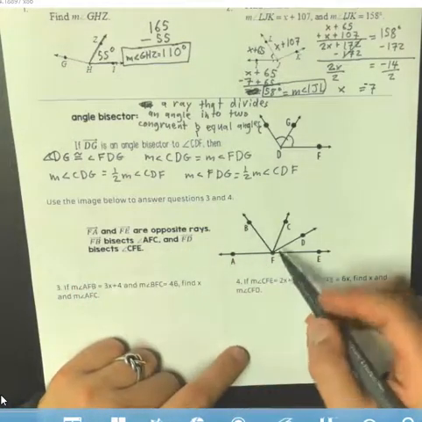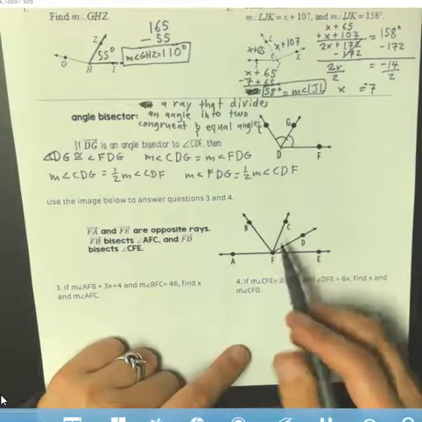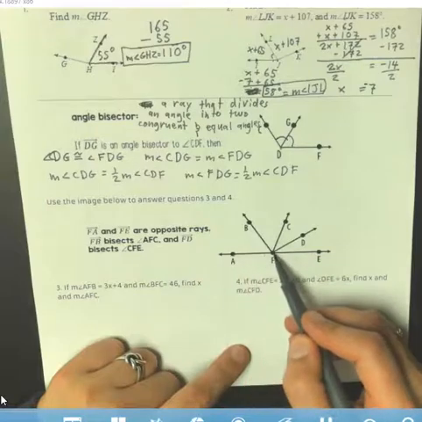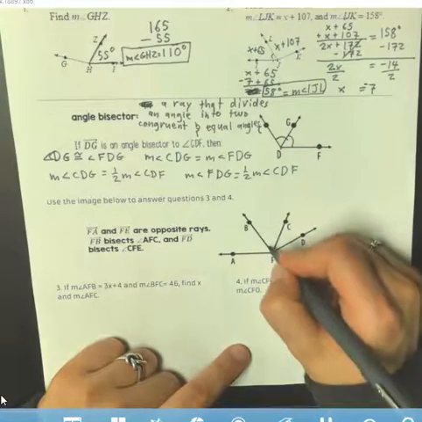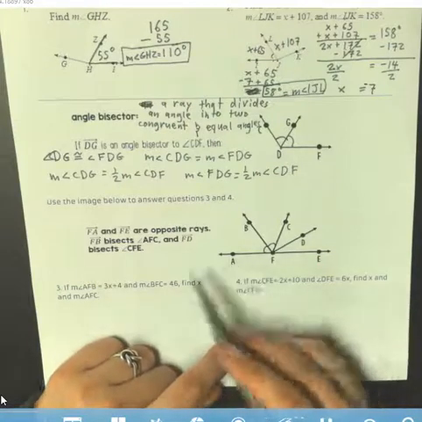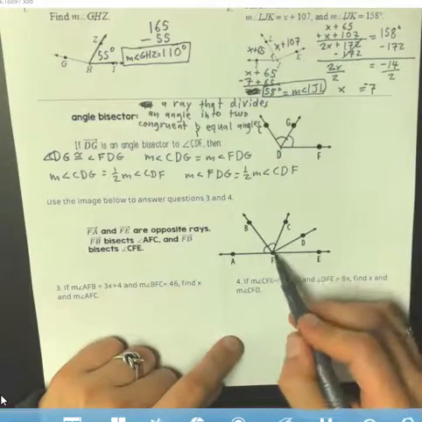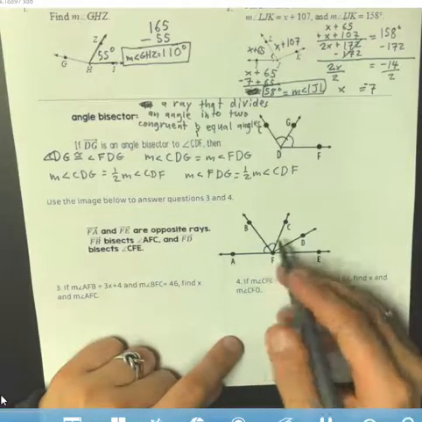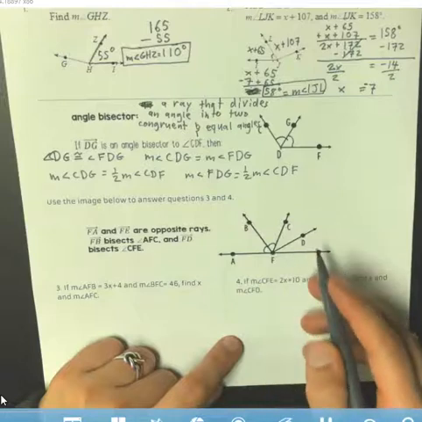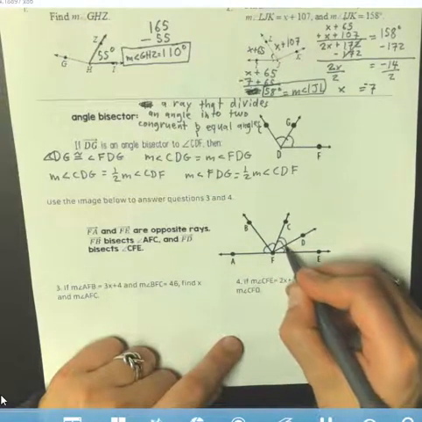FB, which is right here, bisects AFC. That means that this angle right here is equal to this angle right here. And FD, which is right here, bisects CFE.